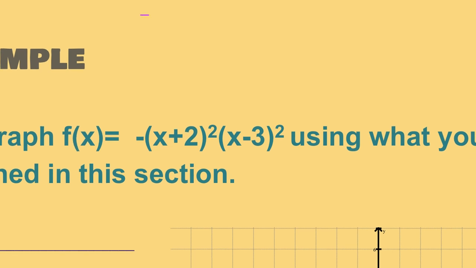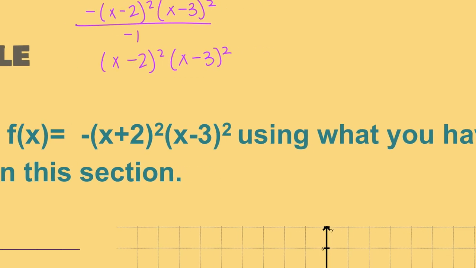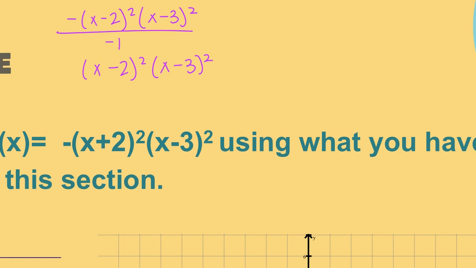I have -(x + 2) squared times (x - 3) squared. I don't want that negative there, so I'm going to take it out. I'm going to have (x + 2) squared times (x - 3) squared. And finding those zeros, x + 2 times x + 2, set it equal to 0.